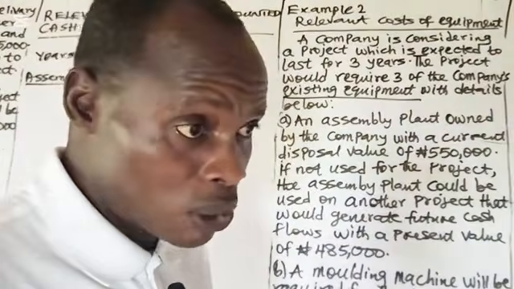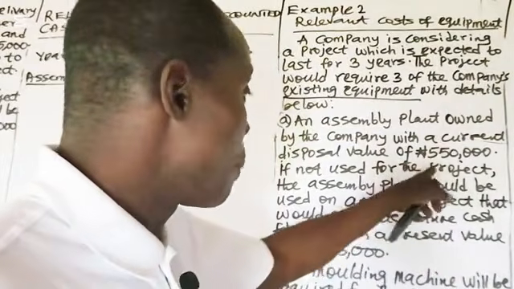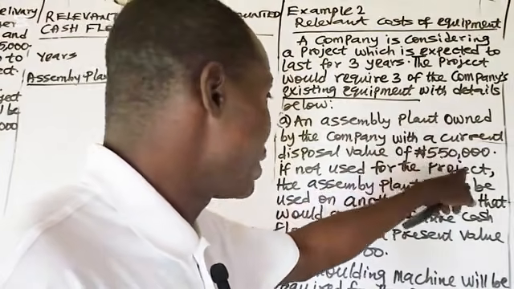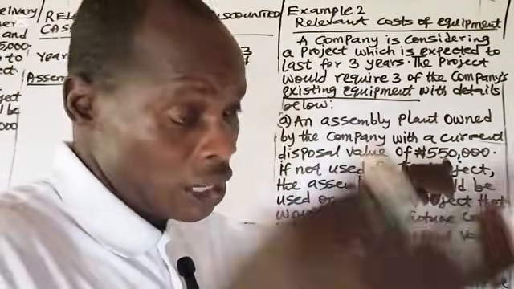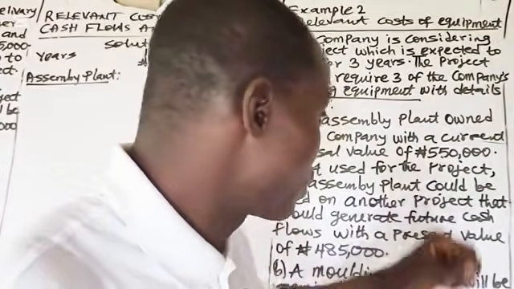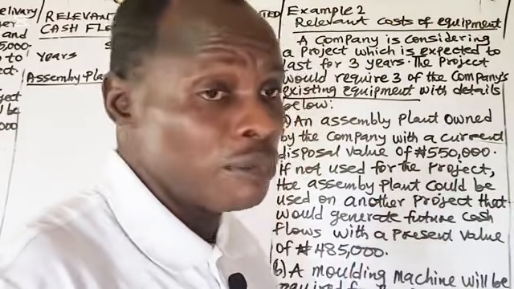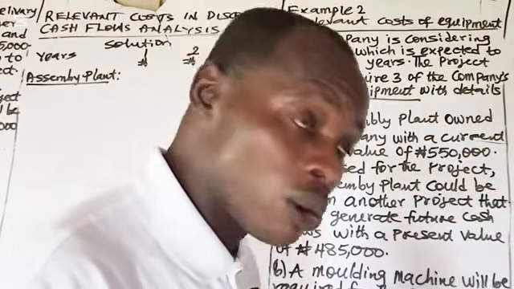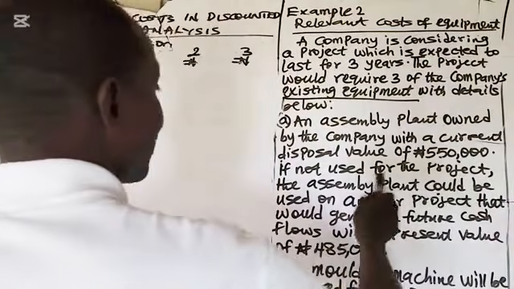That means the opportunity cost of you using the assembly plant in the project is the 550,000 you will forgo from selling it. Because if you use it in the project, you will not be able to sell it. And this becomes the opportunity cost of using that plant in the project. And I've told you that the opportunity cost is always a relevant cost in decision making. So 550,000, if not used for the project.